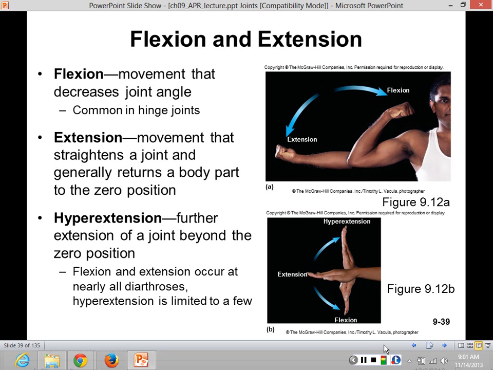Hip extension. What muscle is involved in that? When you're walking up those steps, or running up the steps, when you're exercising, trying to tighten up the gluteus. What did you say? The gluteus maximus? Yeah. The gluteus, that big thick muscle right there, and it also allows you to do that backward swinging of your leg.